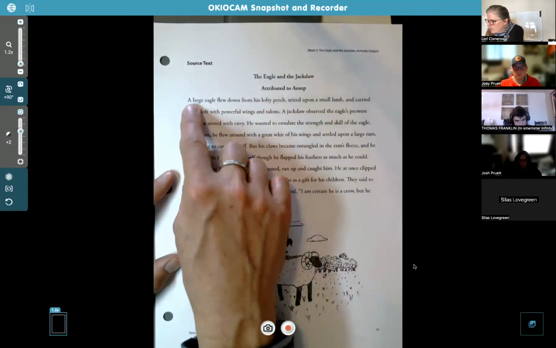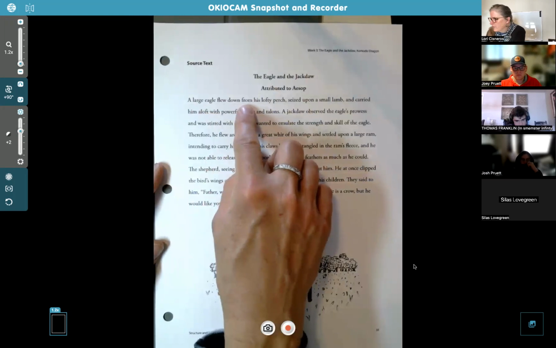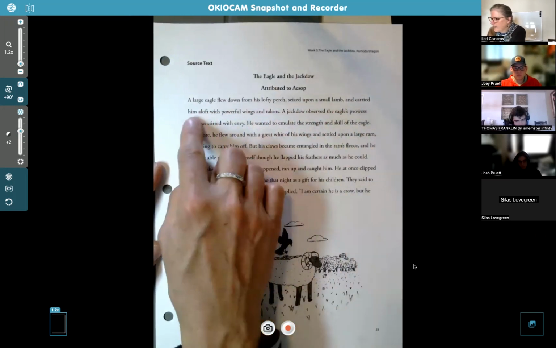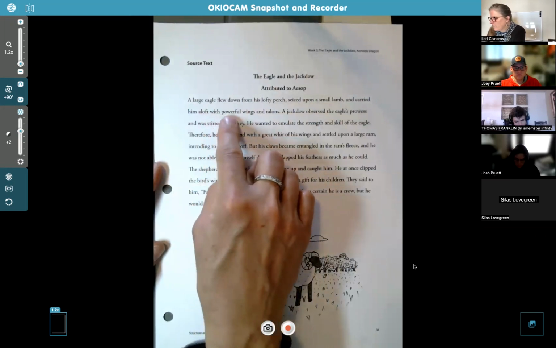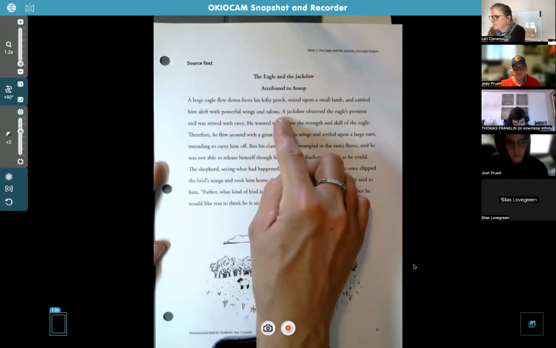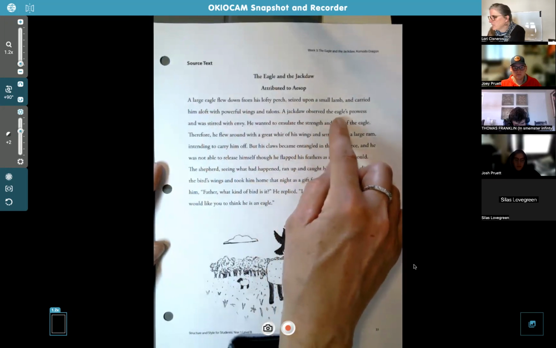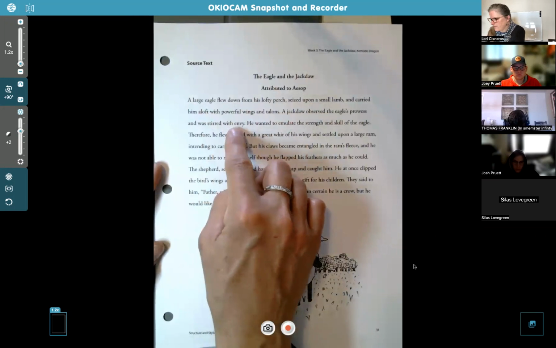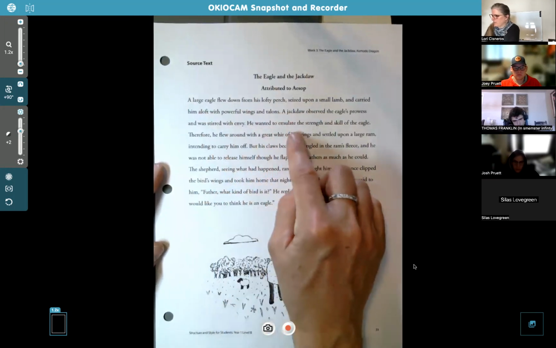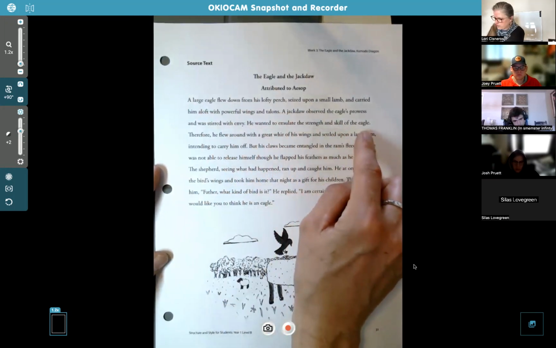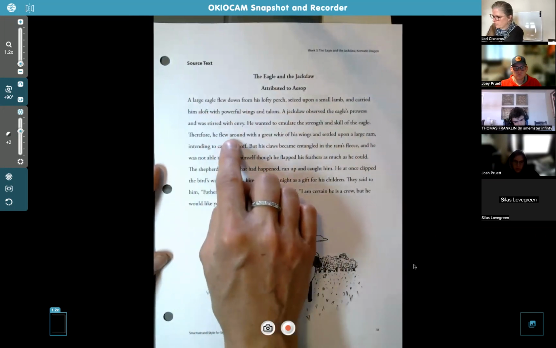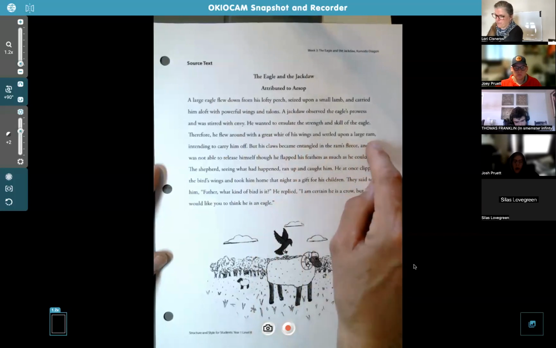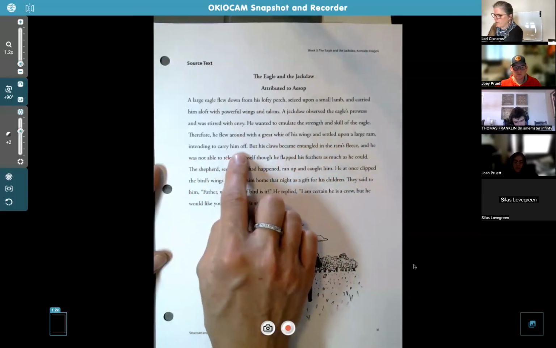A large eagle flew down from his lofty perch, seized upon a small lamb, and carried him aloft with powerful wings and talons. A jackdaw observed the eagle's prowess and was stirred with envy. He wanted to emulate the strength and skill of the eagle. Therefore, he flew around with a great whir of his wings and settled upon a large ram, intending to carry him off.